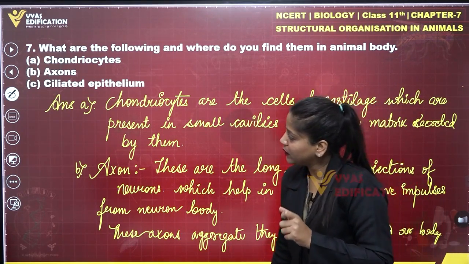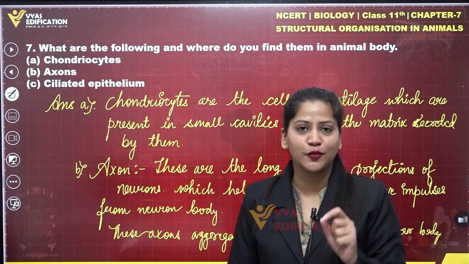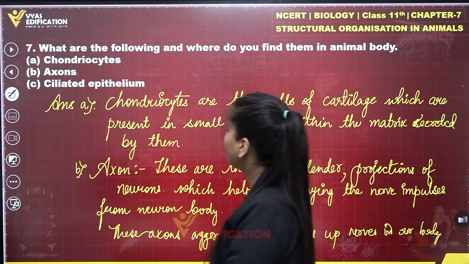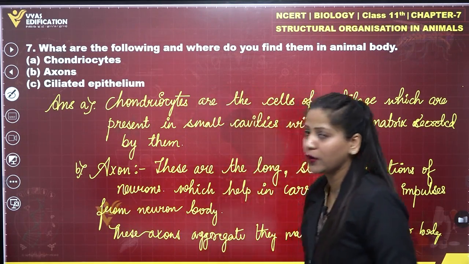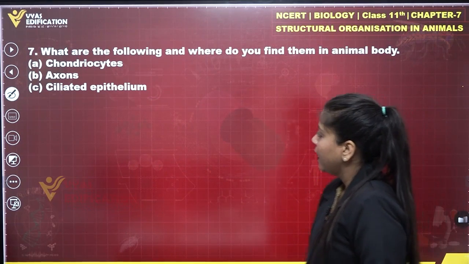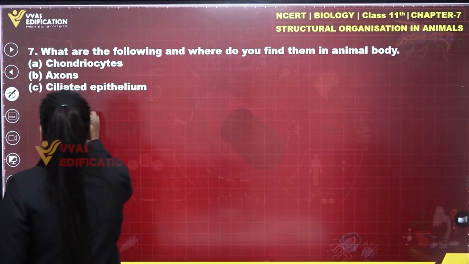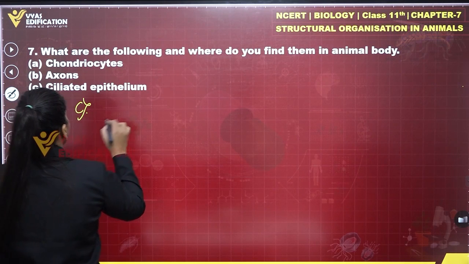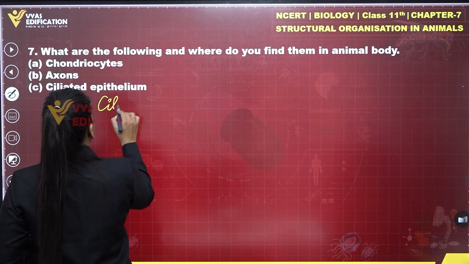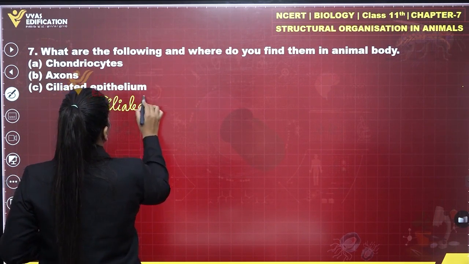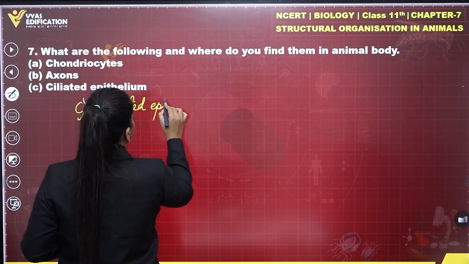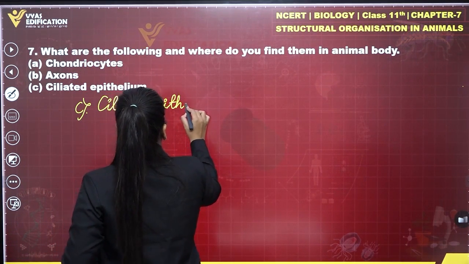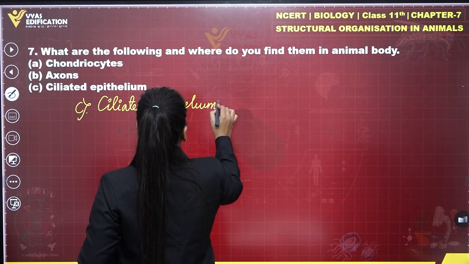Now we are left with the third part, the last part of this question, and we are going to write this part on the next slide. Here, the ciliated epithelium, right? So we are going to write ciliated epithelium over here. Now what is ciliated epithelium?